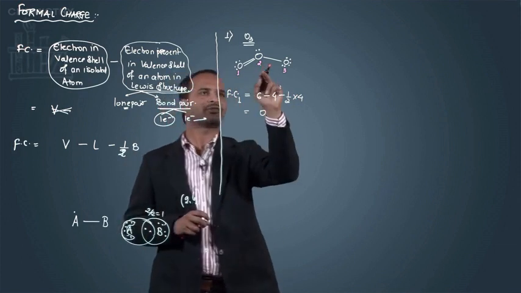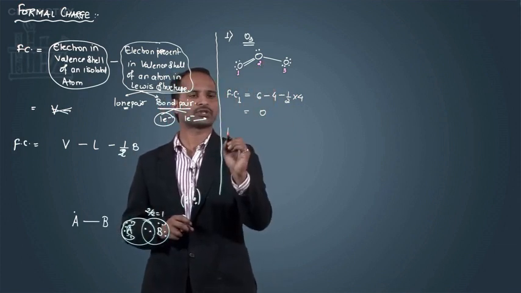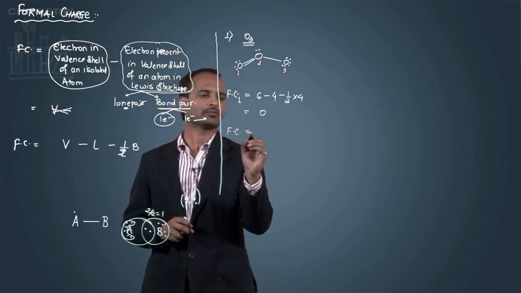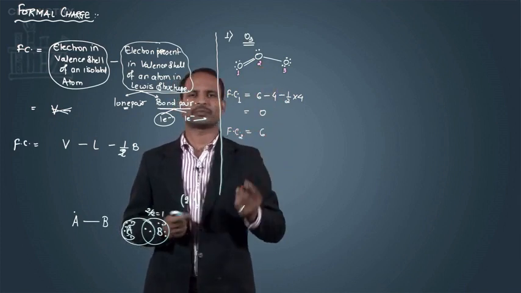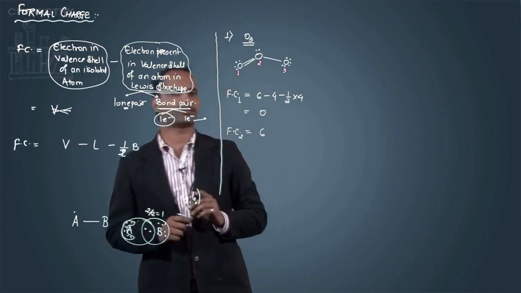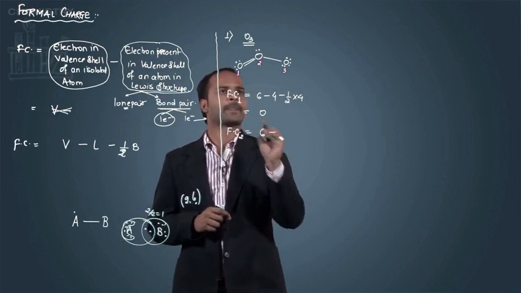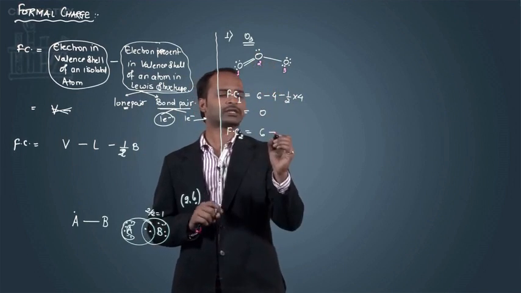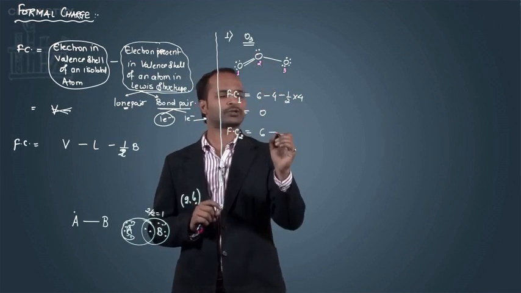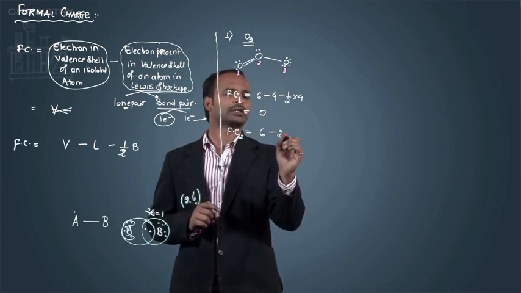Similarly, let me write the formal charge on the second oxygen. Total electrons is again 6 in the valence shell when it was non-bonded, minus lone pair electrons. There is only one lone pair, that means 2 electrons, minus half of the bond pair electrons.